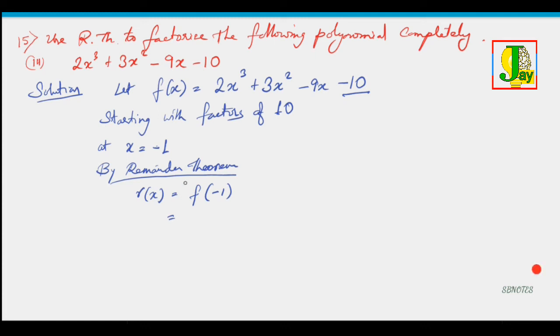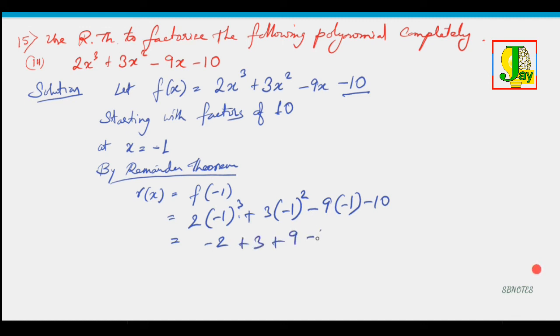Okay, so we'll use that f of minus 1: 2 into minus 1 cubed plus minus 1 squared minus 1 plus 2, so that's minus 8. Oh sorry, that's minus 2 minus 2, this is plus 3 plus 9 minus 10. 3 plus 9 is 12.